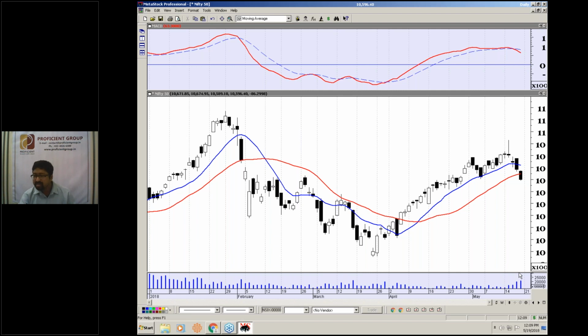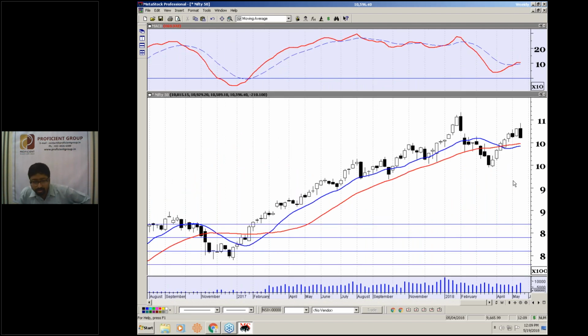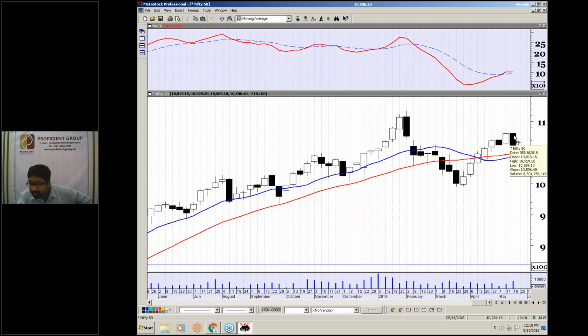And what does the weekly chart say? I'll draw your attention to the weekly chart of Nifty as well. Last week's open was at or above the previous week's close, but last week's close was actually below the previous week's low.